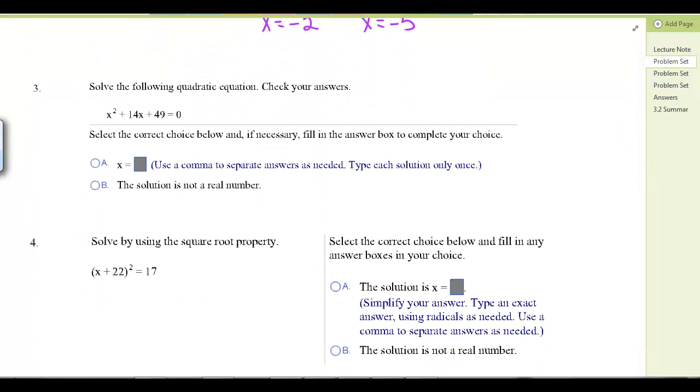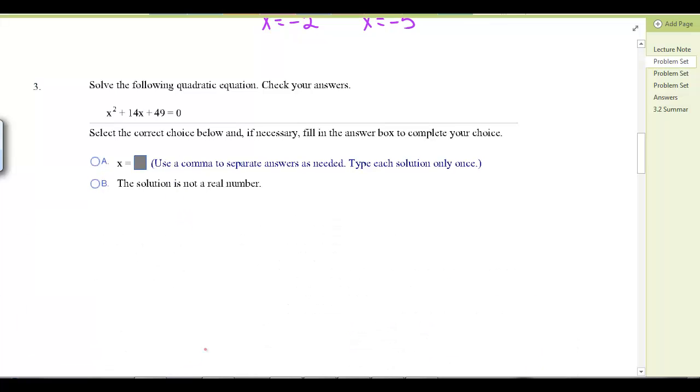All right, this one says solve the following quadratic equation. And we're going to do that with the quadratic formula. We could do it either way. Actually, it doesn't tell us to use the quadratic formula. So, does this factor? Let's look at this and see.